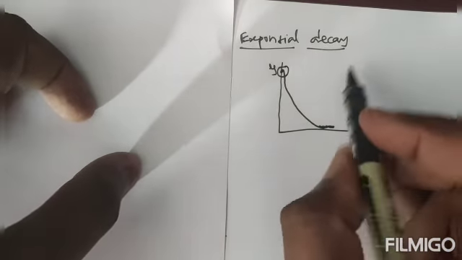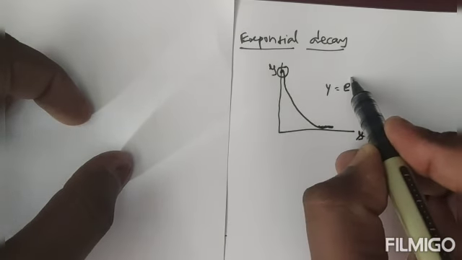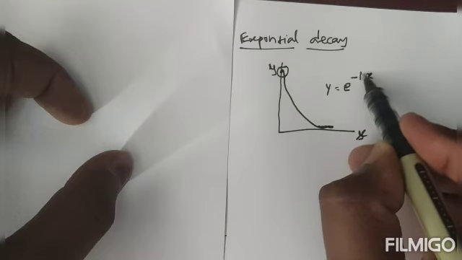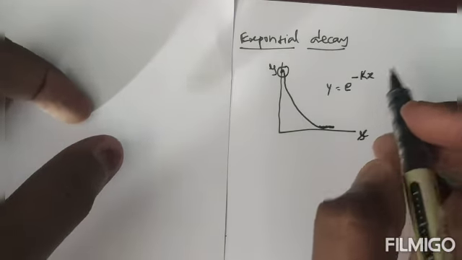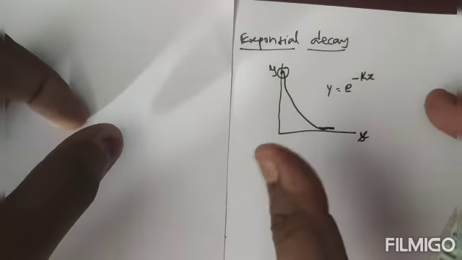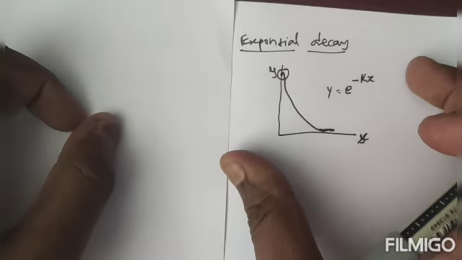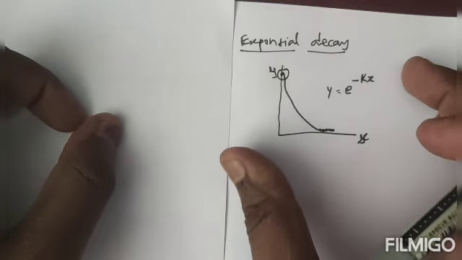So this is the equation: y is equal to exponentially decreasing with constant rate, that is y is equal to e power minus kx. Actually this kind of equation we can see in nuclear physics, radioactive decay or like that. In that area we can see that.